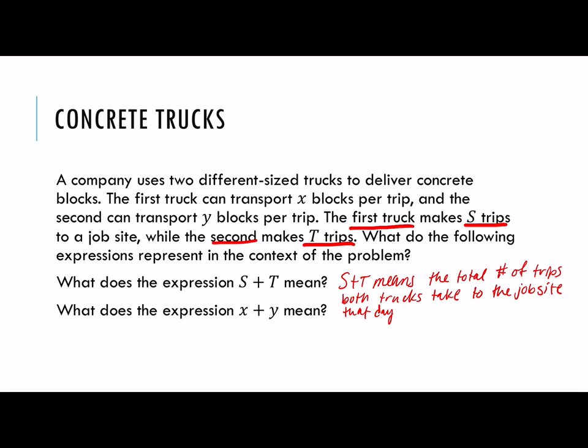What does the expression X plus Y mean? Now, X is the number of blocks per trip for the first truck, and the second can transport Y blocks per trip. So it means the total number of blocks per trip made by both trucks.